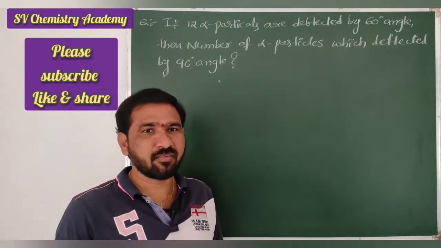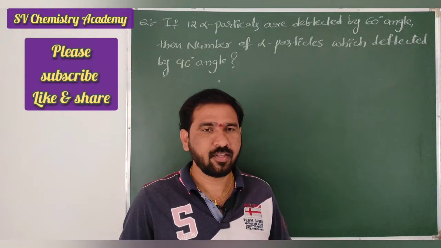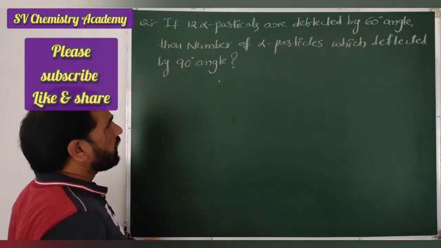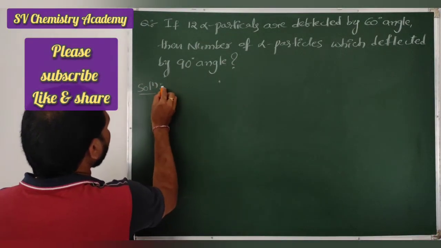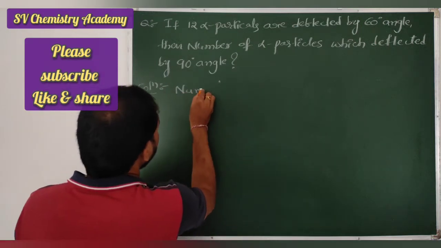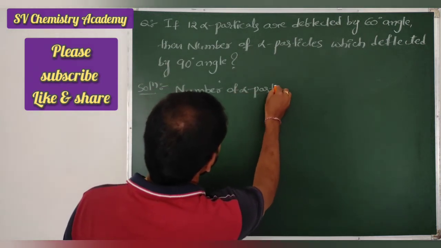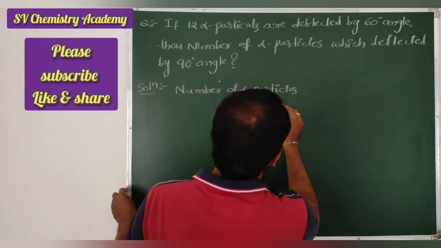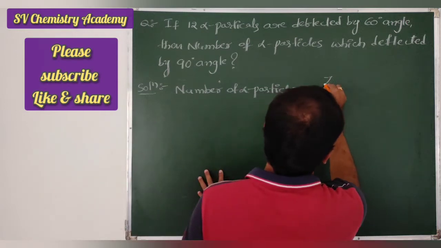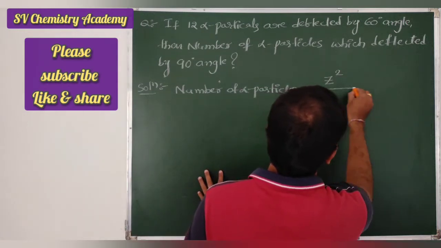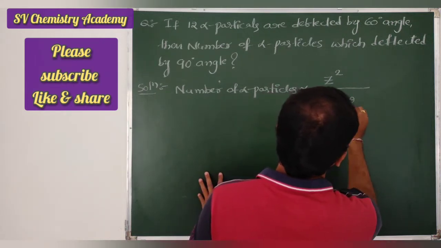So what is the relation between the number of alpha particles and the angle deflected? Let me take, according to the Rutherford model of the atom, the number of alpha particles deflected is directly proportional to atomic number Z square divided by sine power 4 theta by 2.